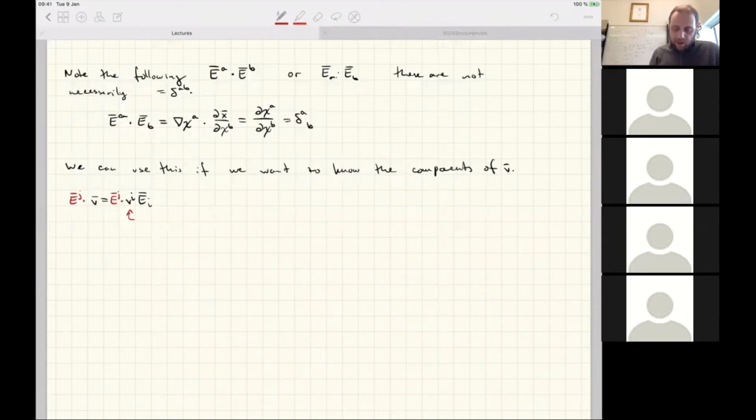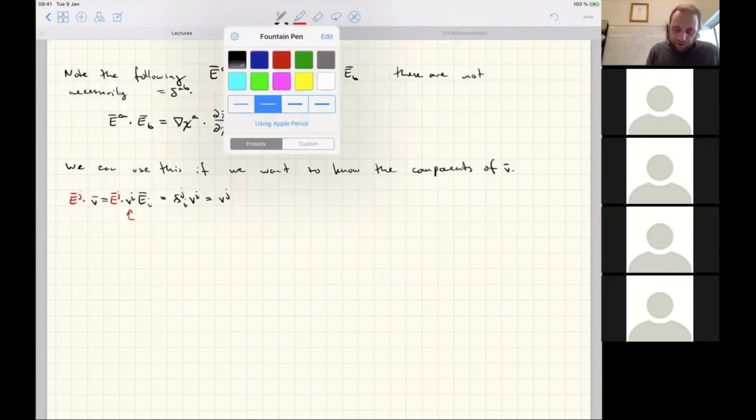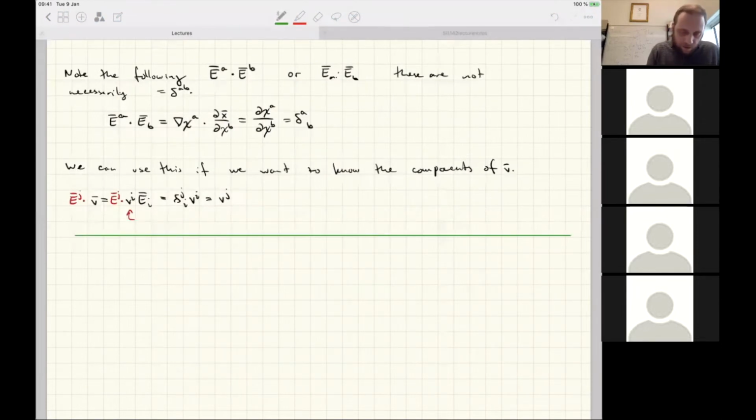And since E^j times E_i is this delta, this is equal to delta^j_i v^i, and then I have the sum here because i is repeated. So this is equal to v^j. So I can get the jth contravariant component by scalar multiplication with the dual vector E^j. Just as an example of that, let's look at the position vector.